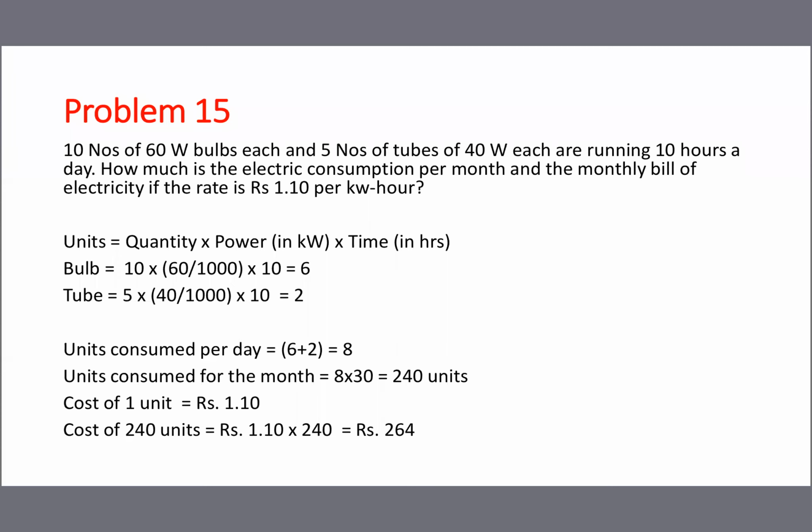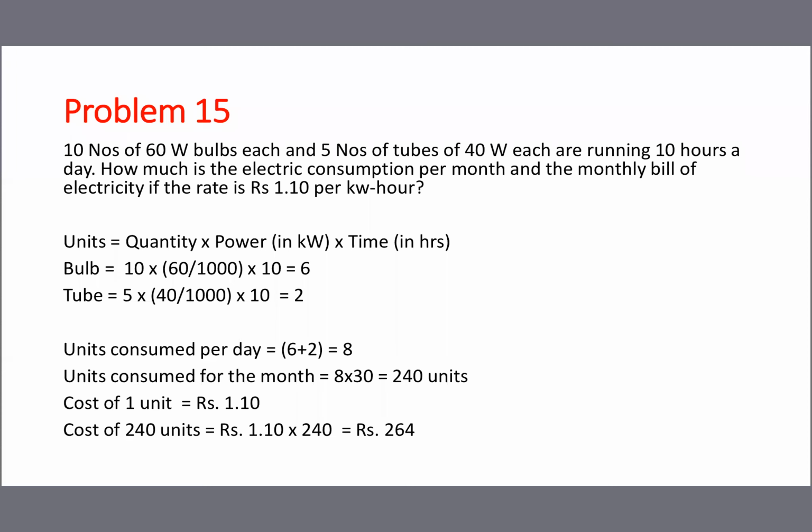10 numbers of 60 watt bulb each and 5 numbers of tube 40 watts each are running 10 hours a day. How much is the electrical consumption per month and the monthly bill of electricity?